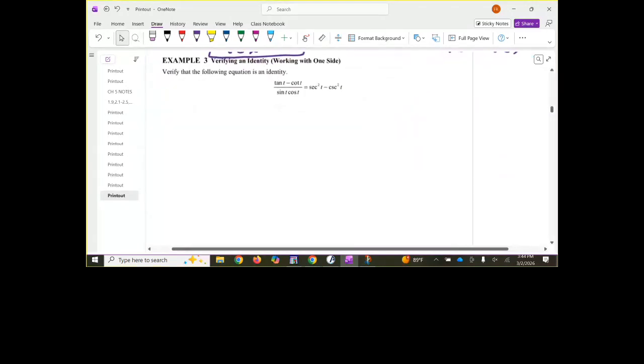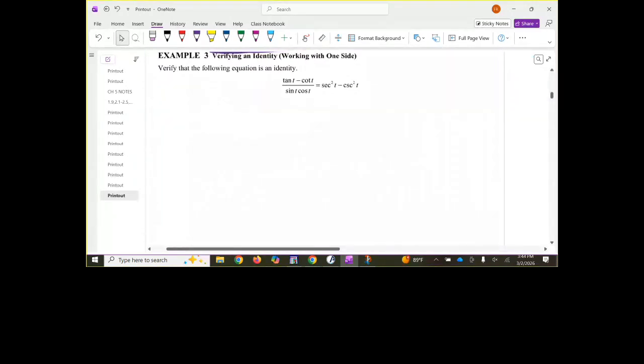Let's do the same thing here. Again, we're going to verify that this is an identity. We have to pick a side to work with. I think I'm going to stick with the left side because it has more complicated things.